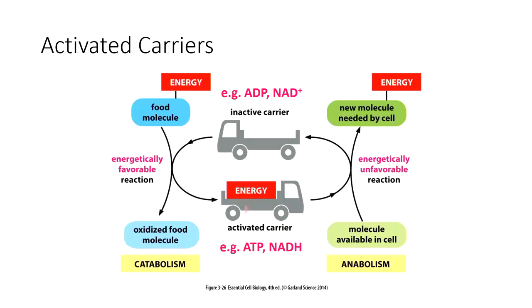What's important is that these energetically unfavorable reactions wouldn't happen without the energy input from these activated carriers. And this diagram shows that it's a cycle, because after these activated carriers run these anabolic reactions, they're free, in an inactive state, and free to pick up more energy from other catabolic reactions. Is everyone good on that so far?